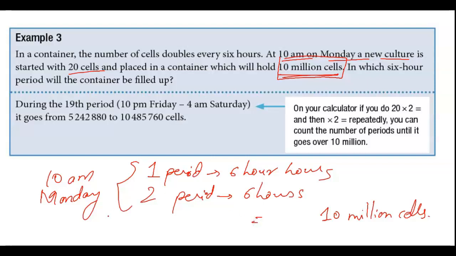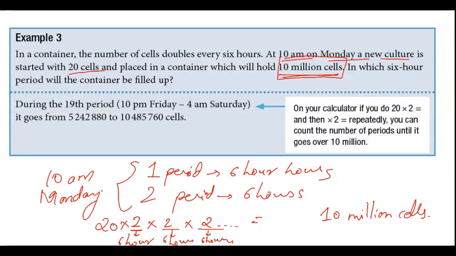Now initially there were 20 and in 6 hours, that is the first period, it doubled. This took 6 hours. Now again in 6 hours it will double. I can simply multiply by 2 over here. Again in 6 hours it will double.